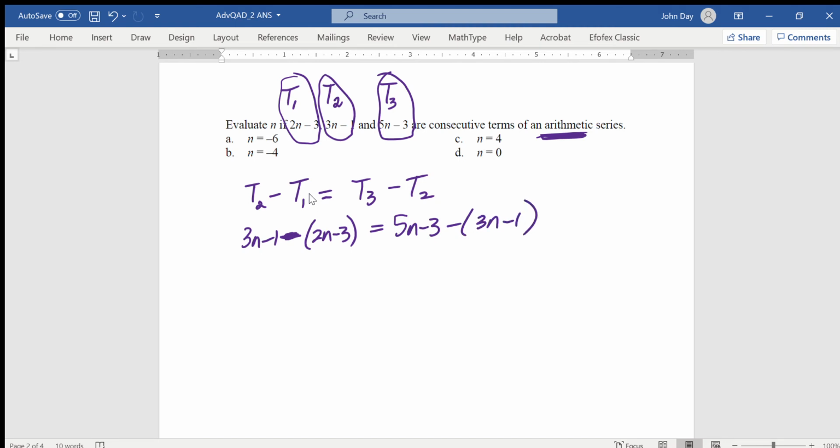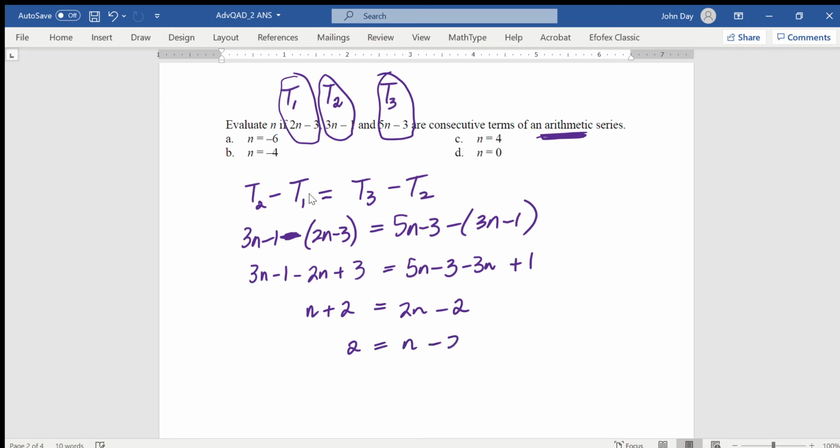All right, now what do we got? 3n minus 1 minus 2n plus 3 equals 5n minus 3 minus 3n plus 1. So we've got n plus 2 equals 2n minus 2. So 2 equals n minus 2, so 4 equals n. All right, n equals 4 is our answer to make that work.